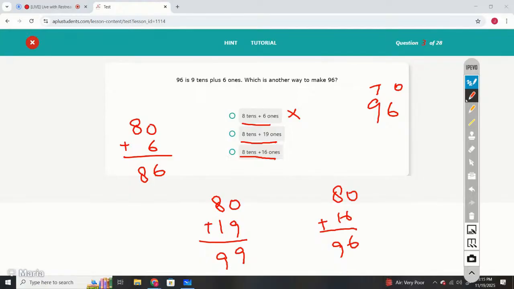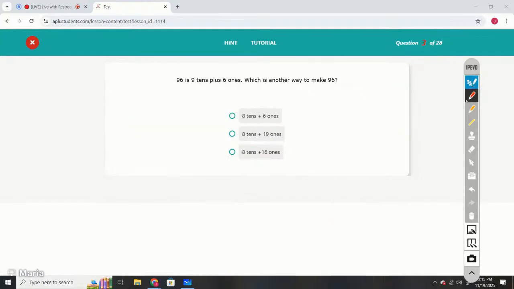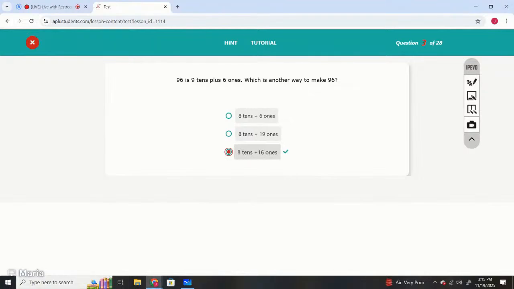So that is 96. Option number 3 is the correct option. We have 8 tens and 16 ones is the correct option.